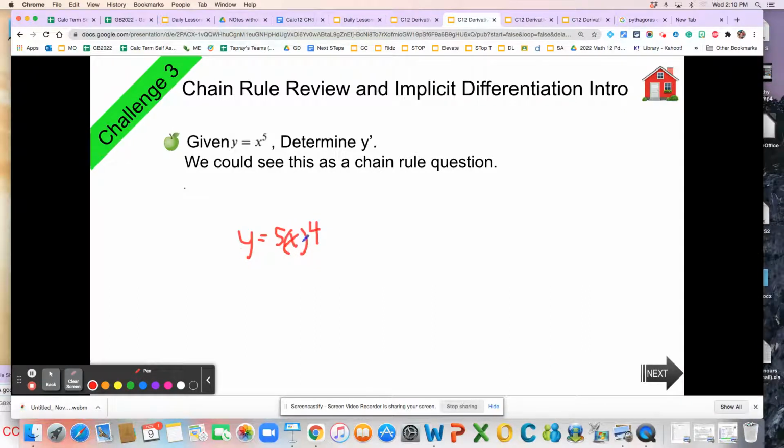What if we said there's an internal function here and it's x? We'd then say, what's the derivative of x? And we'd say, how is x changing as x changes? This is in a one-to-one relationship. So we'd say y equals 5x to the power of 4 times 1. We wouldn't even bother writing it down.